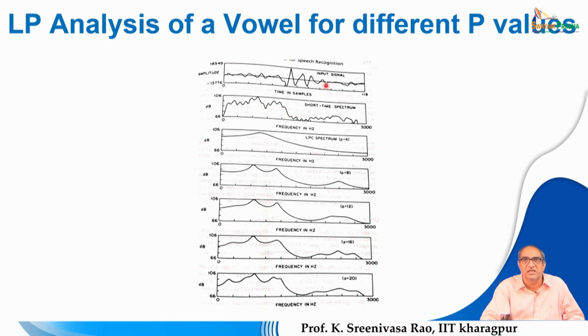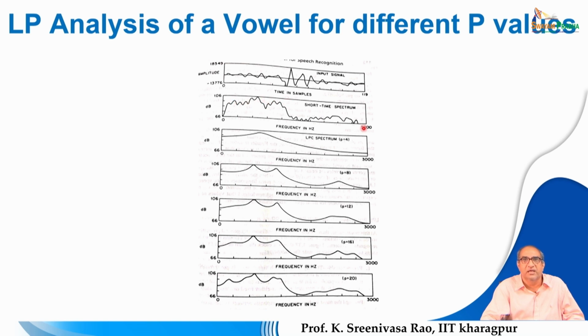Here the speech signal is a voiced segment, the vowel segment, and for this vowel segment, if you compute the fast Fourier transform with a certain size of N, you can see that the spectrum is like this. From this spectrum, what you can observe is that there are a kind of peaks at a gross level, and maybe over here, right. So, the formant frequencies may be here, here and here.